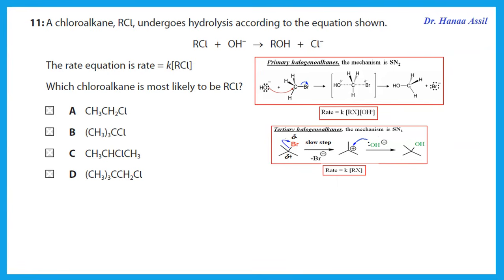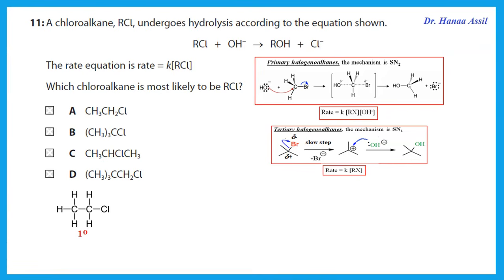So according to what we are told, this reaction is SN1, in which the rate depends only on the concentration of the halogenoalkane. So actually we're looking for which of these is a tertiary halogenoalkane. So let's take a look.